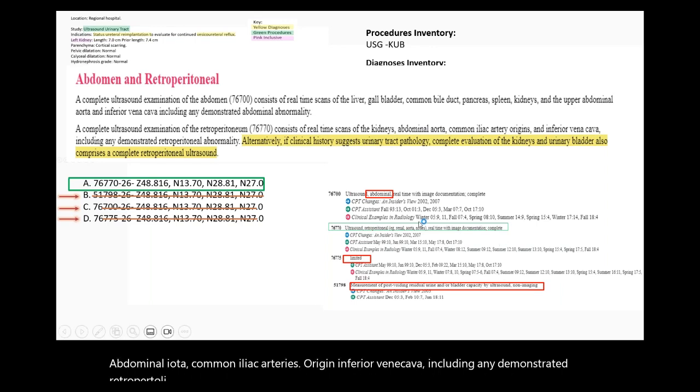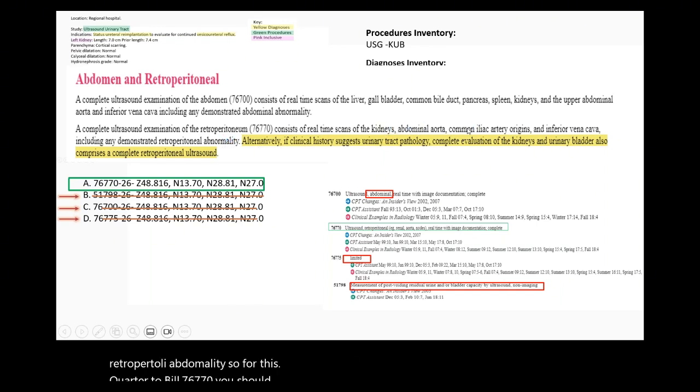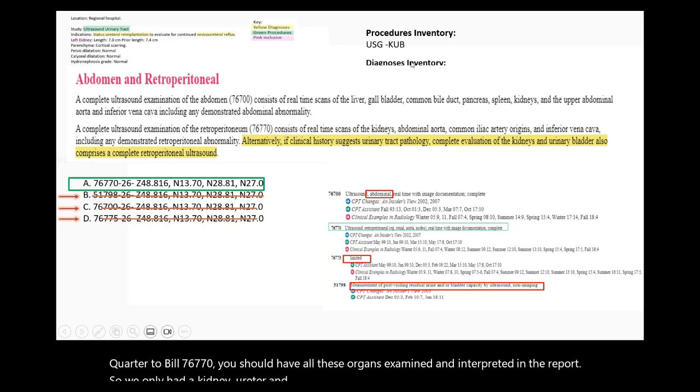So for a coder to bill 76770, you should have all these organs examined and interpreted in the report. We only had a kidney, ureter, and bladder ultrasound performed.